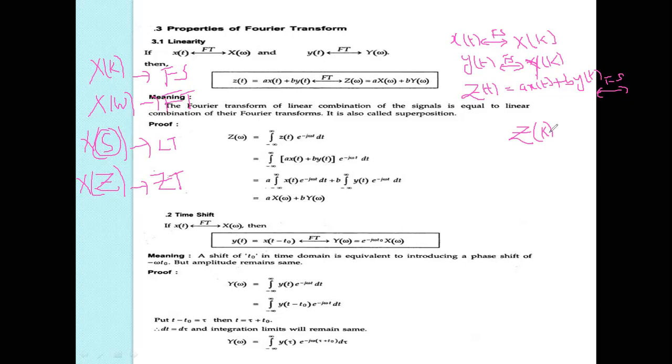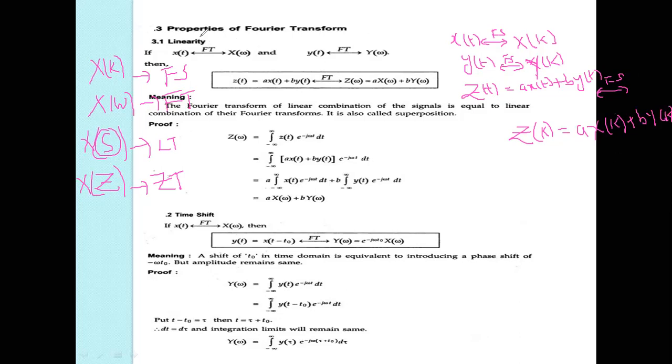These are the symbols for each. Here we use k for the Fourier series. What is Z of k? A into X of k plus B into Y of k. This is the statement for the Fourier series.